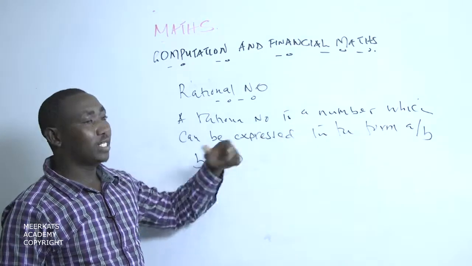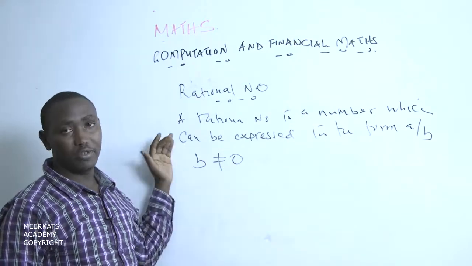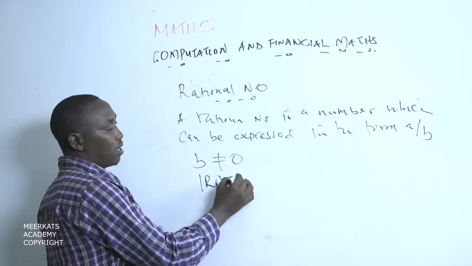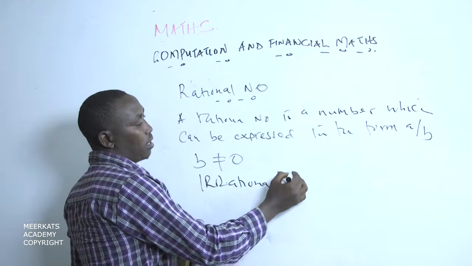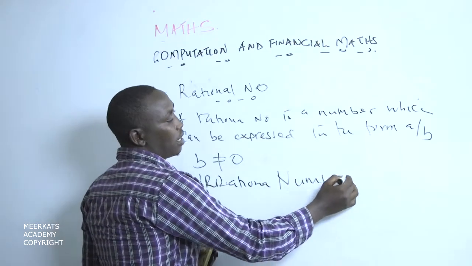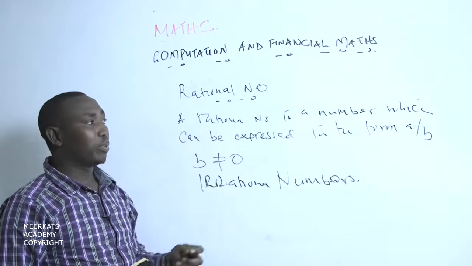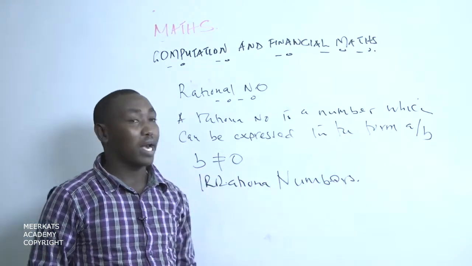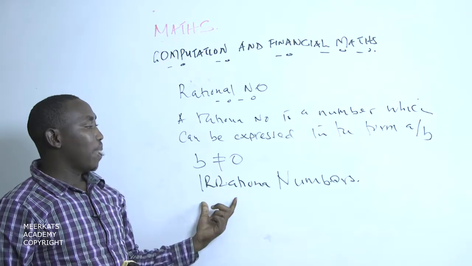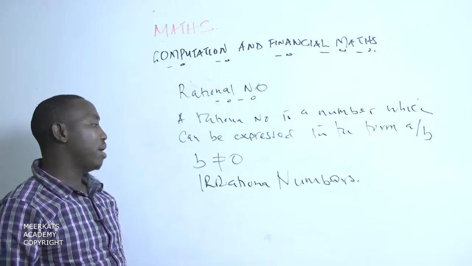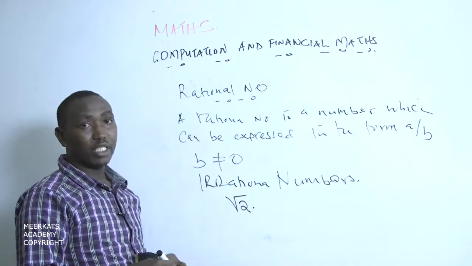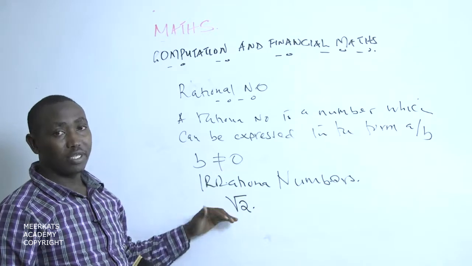So this one is a rational number. The opposite of these are what we call irrational numbers, and in this case we cannot express them in the form a over b, where a and b are integers. A good example of an irrational number is the root of 2. We can never express root of 2 as a fraction.